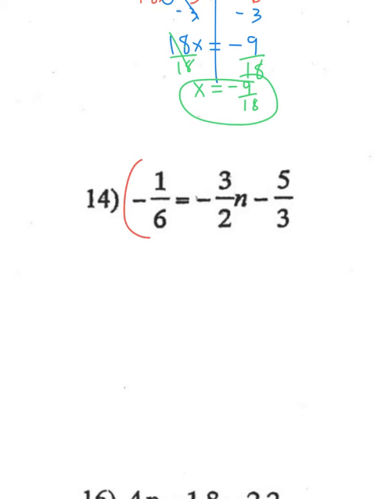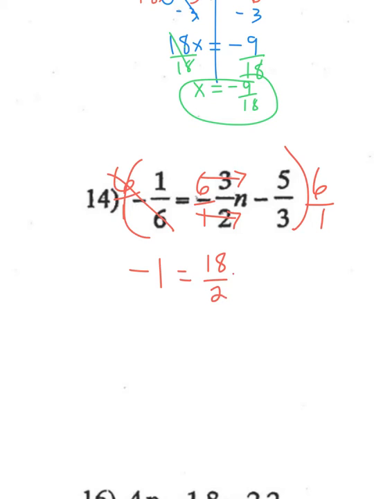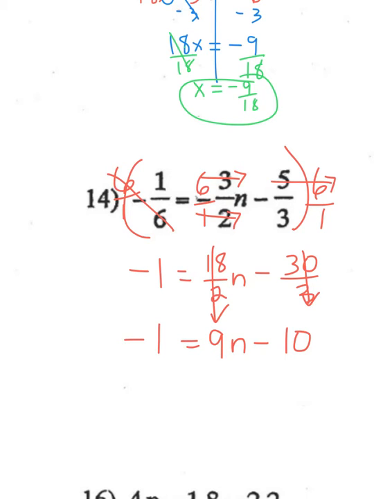Okay, so this one, we can multiply all of these by 6. 6 over 1, 6 over 1, and I'll put the 6 over 1 here. That cancels out. That leaves me with a negative 1. This turns into 18 over 2n and minus, and this turns into 30 over 3. Divide this down, that turns into 9n, and this turns into 10, and this is already a whole number, negative 1.